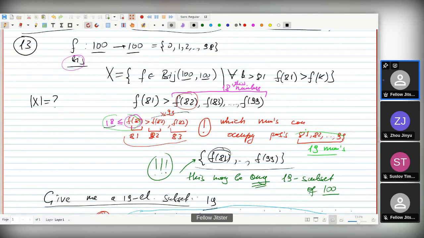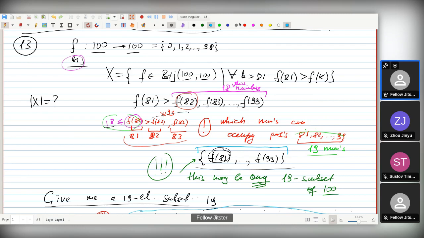Why is it so? Because if we consider the last 19 numbers from f of 81 to f of 99, then one of these numbers is the greatest among them. Do you agree? They are all distinct, hence one of them is the greatest.